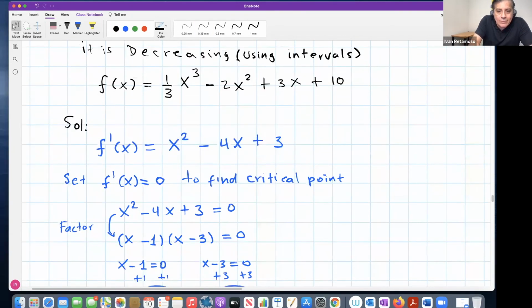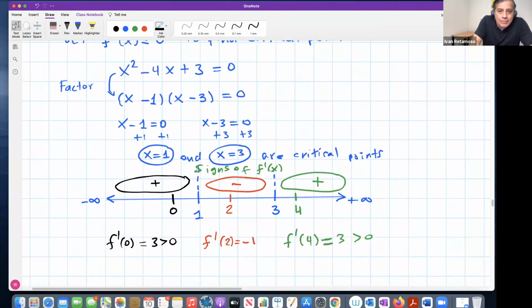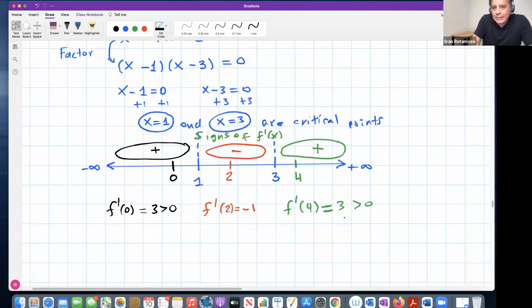But not always, because there are some special polynomials where instead of switching, the signs repeat. So to play safe, you should use test points.